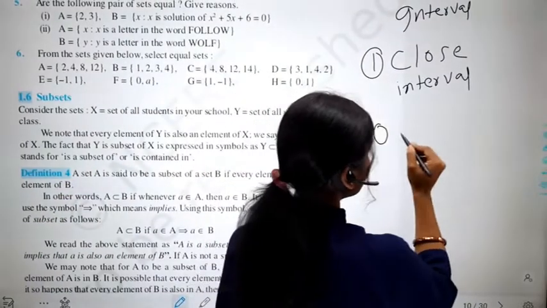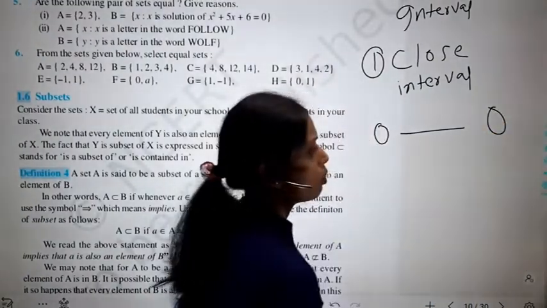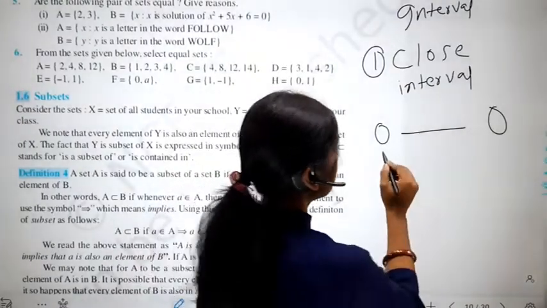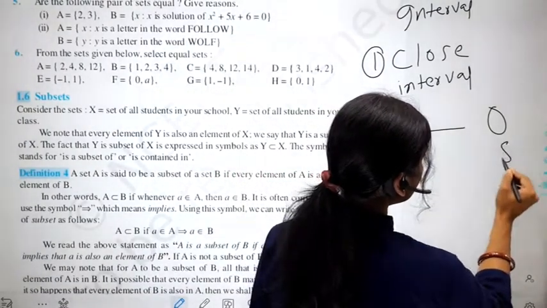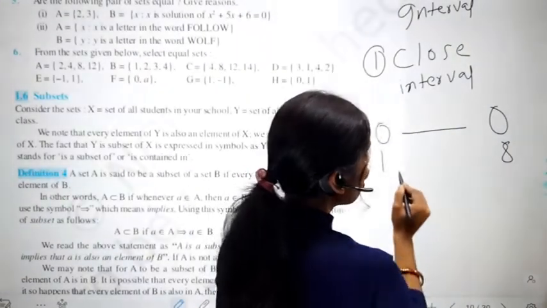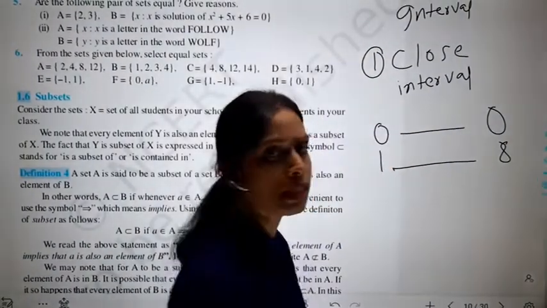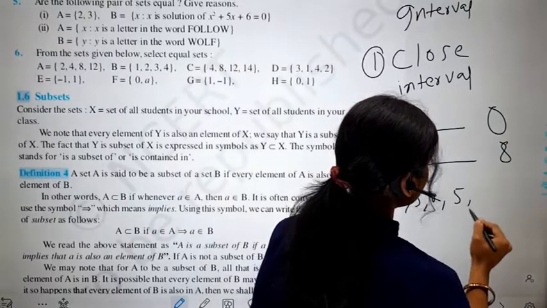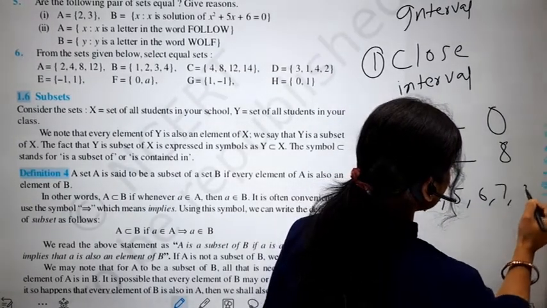If there are 2 points in a number system, like as here 1 and 8, then when we include 1 and 8 also, how many naturals will lie between this and this? 1, 2, 3, 4, 5, 6, 7, 8.